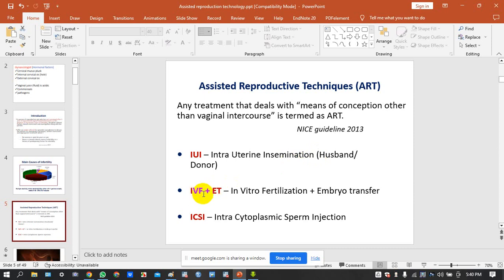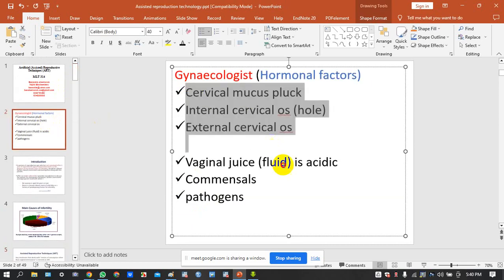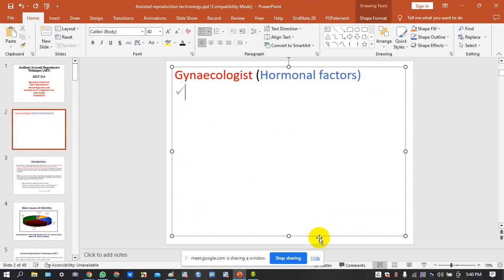For IVF, you harvest the woman's egg. And the egg, you can harvest it by a process we call ovulation stimulation. You need to stimulate ovulation by force, because some of the women have anovulation, they are not ovulating.